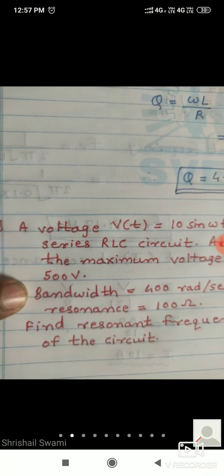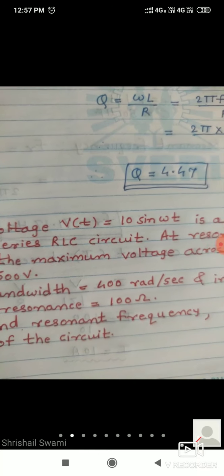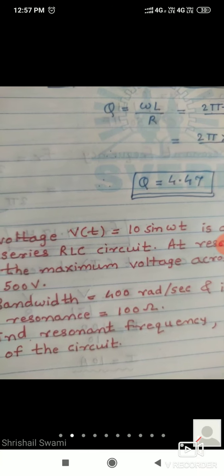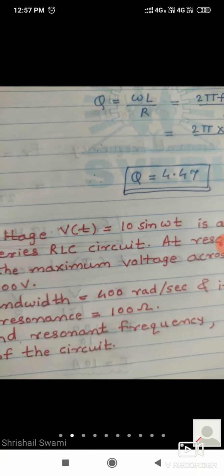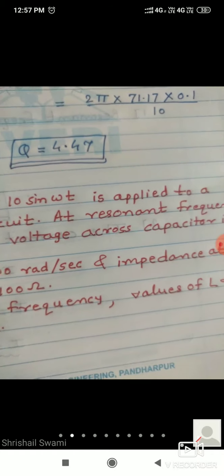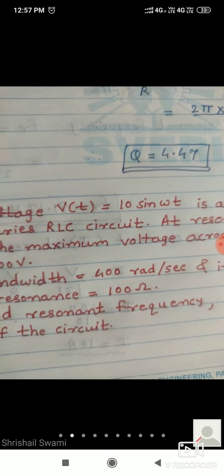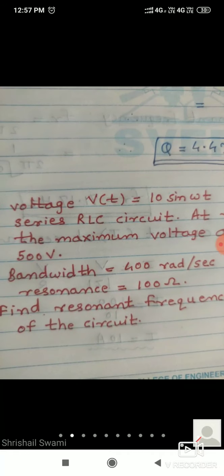So bandwidth, if it is in hertz, is f2 minus f1. If it is radian per second, then it is omega 2 minus omega 1. So you have to check the unit of bandwidth given in the circuit. Next, impedance at resonance is given as 100 ohm. The impedance at resonance is always R. So the value of R is 100 ohm.